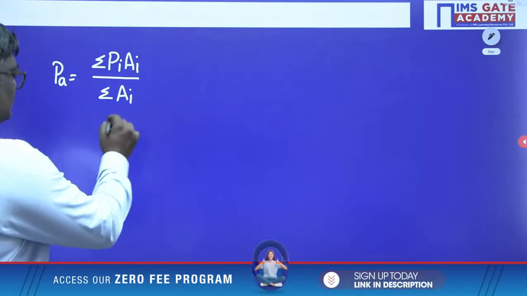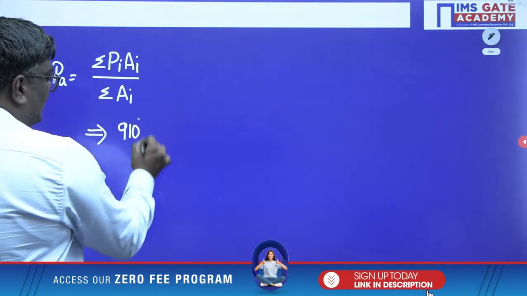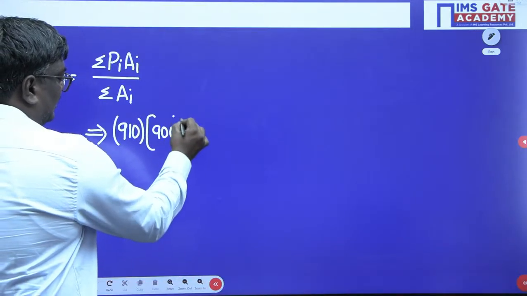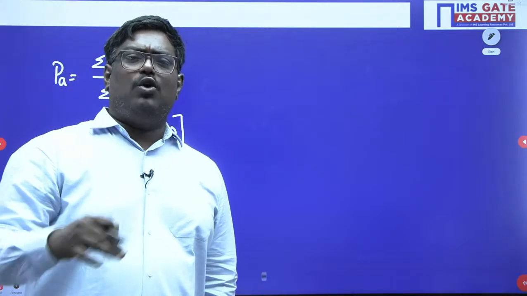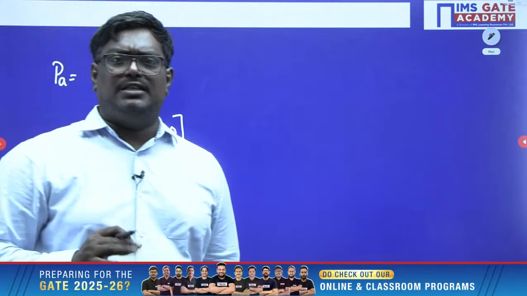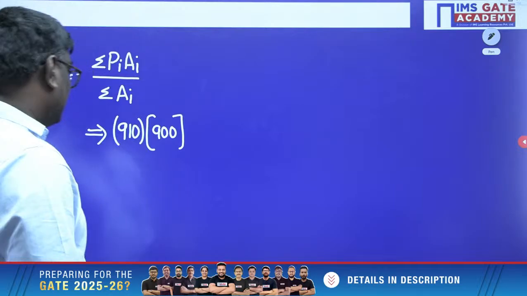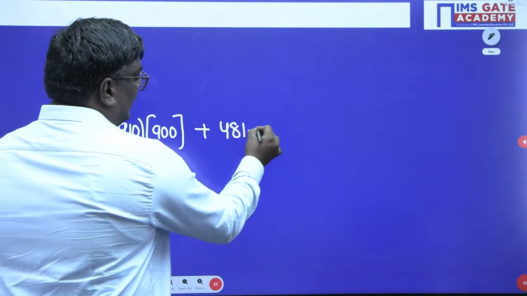Now, see, students, for A1, the precipitation is 910 and it is multiplied by the area of the square, which is equal to 900. Now, for the areas of A2, A3, A4, A5, all the areas are the same. Am I correct or wrong, my dear students? All the areas are the same. So that area is equal to 481.86.